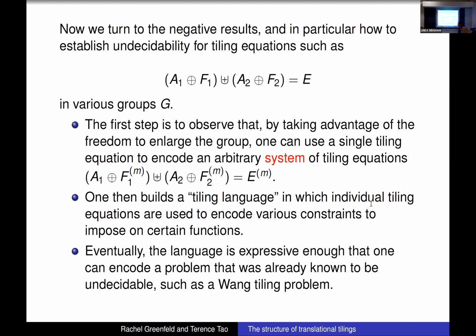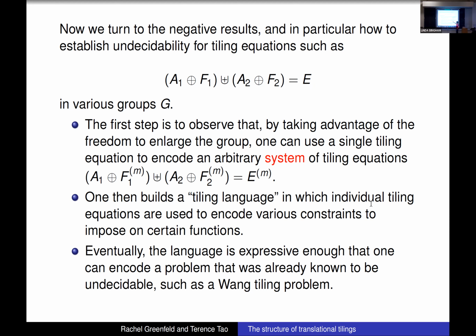It would be easier if, instead of trying to produce one equation that's undecidable, we can produce a system of equations which are jointly undecidable, that gives us a lot more freedom. So the first observation is that for free, if you can find an undecidable system of tiling equations, you can also find a single undecidable equation.